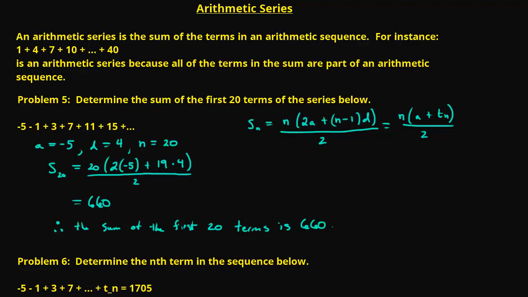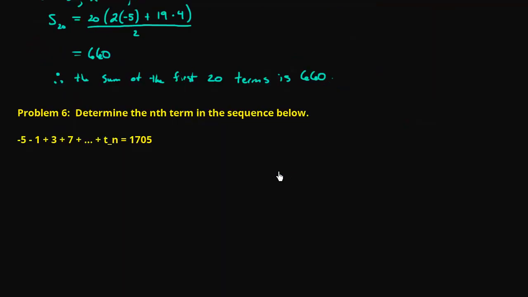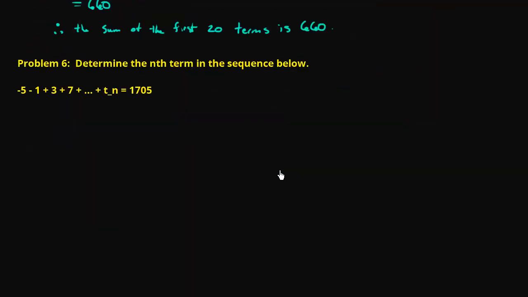Okay. We're also given another problem. We're told to determine the nth term in the sequence below, and here it's the same sequence, only we're given what the sum is, and we don't know what the nth term is. We don't know how many terms we're summing. So let's write out our formulas again.